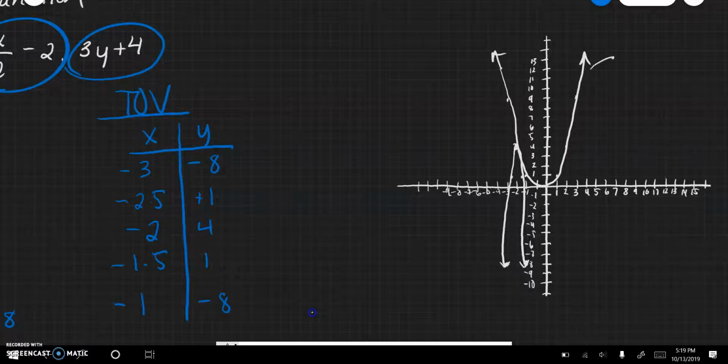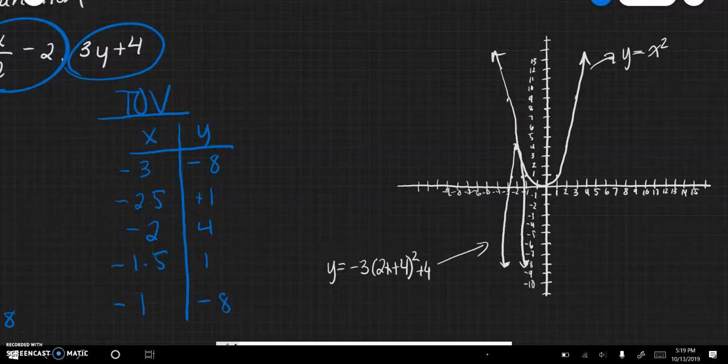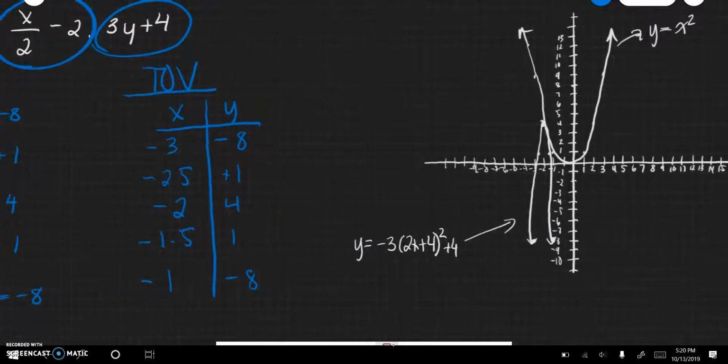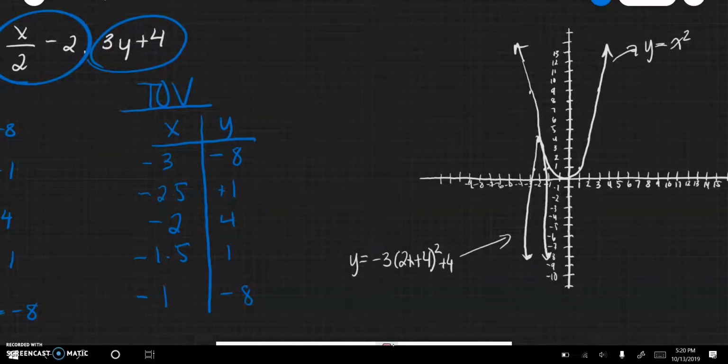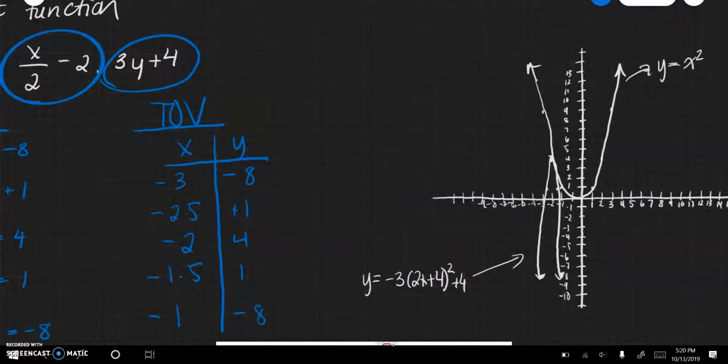That's my parent, so this is y equals x squared. And this is my function y equals negative 3 times 1/2 x plus 2 squared plus 4. That's what that's going to look like. Okay, so if you have any questions, again, feel free to ask. But if not, that is how you use a mapping rule to determine the function.